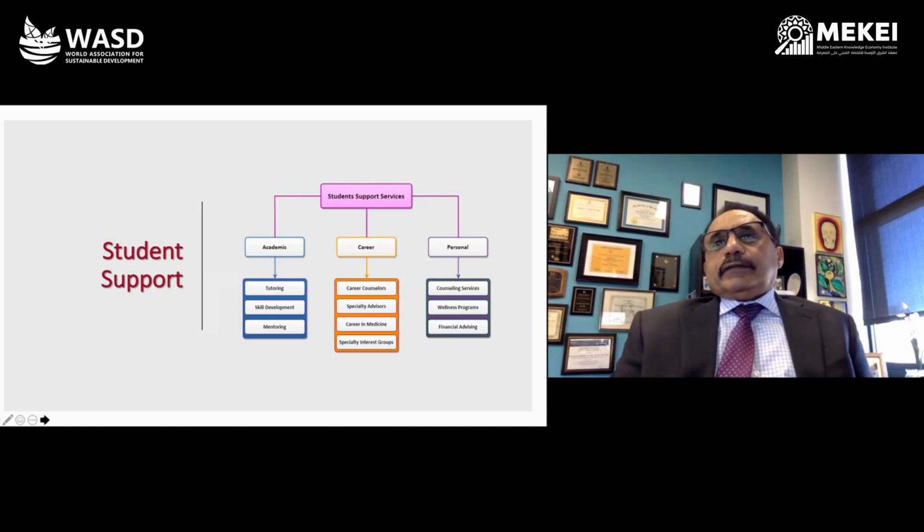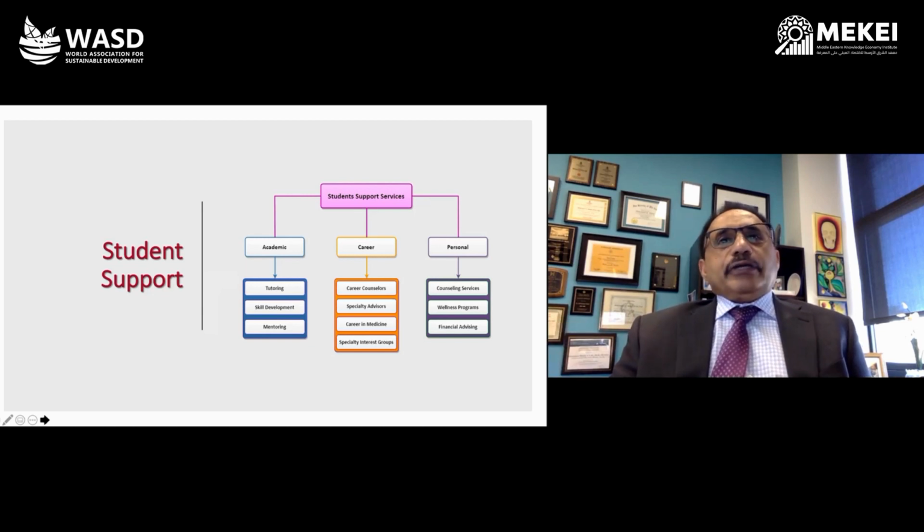Part of that can have to do with stress, for example, anxiety, worrying about how I'm going to pay all my debt. So giving the students some kind of support in those areas is very helpful.